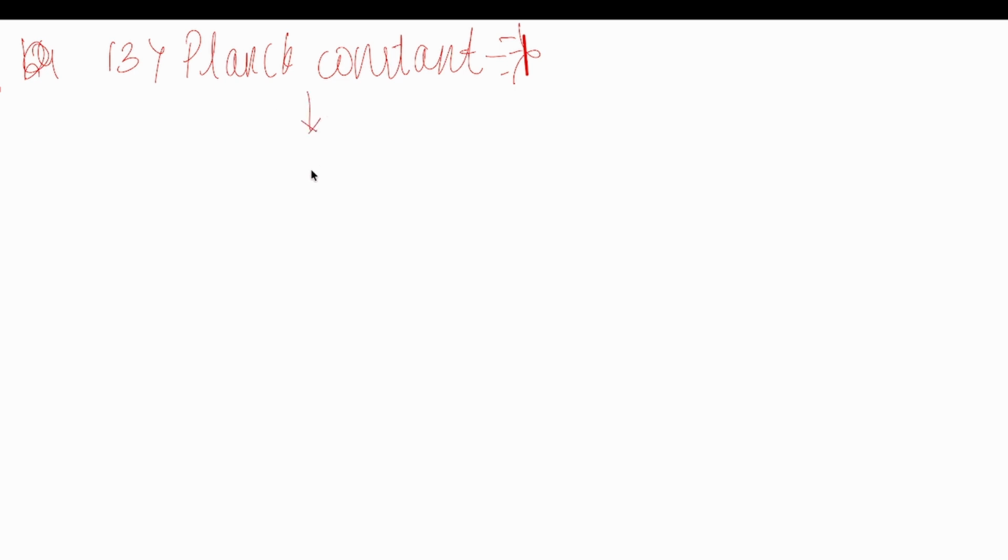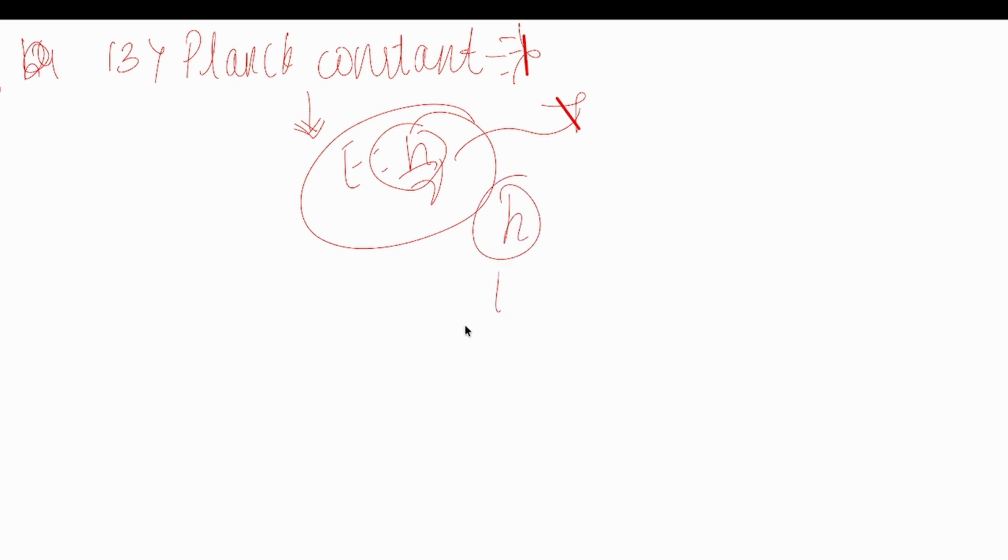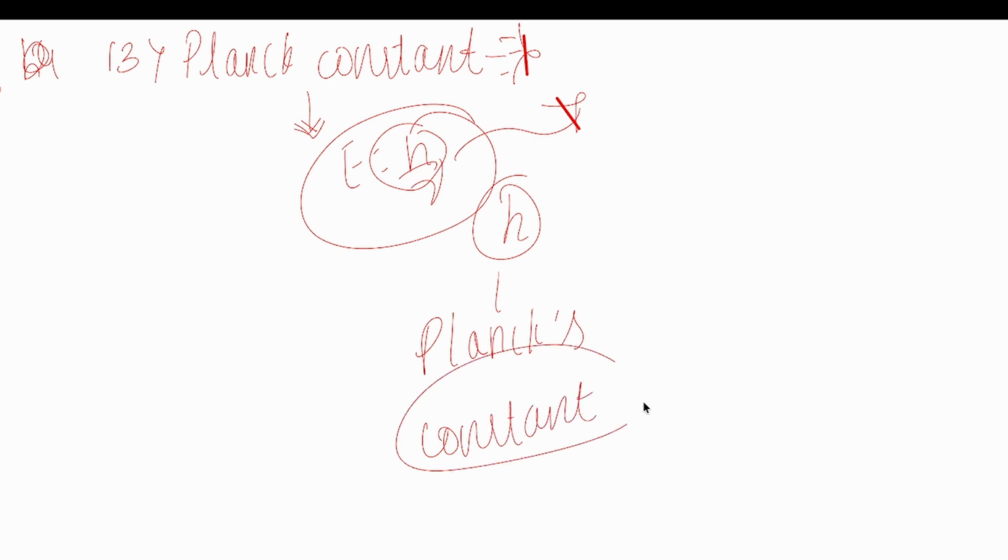As we know, Mr. Planck proposed a theory called black body radiation, where he gave the formula that E is equal to h nu. Here h is called Planck's constant. So we write the dimensional formula for h.